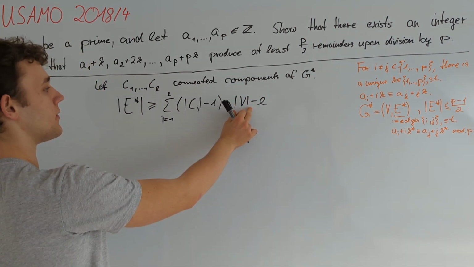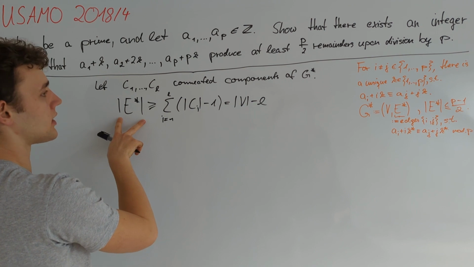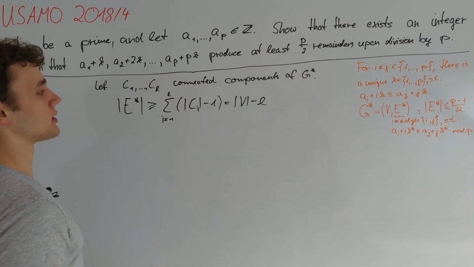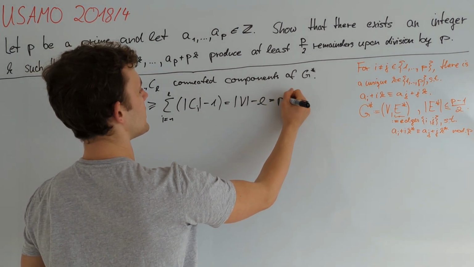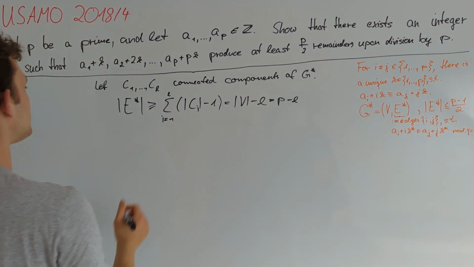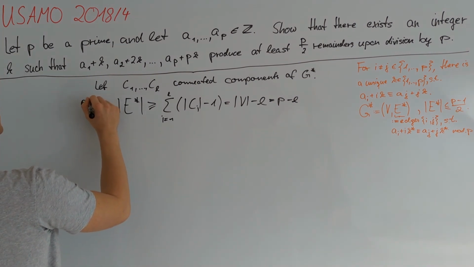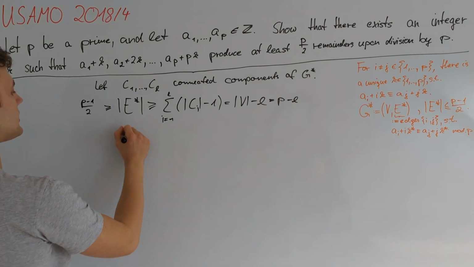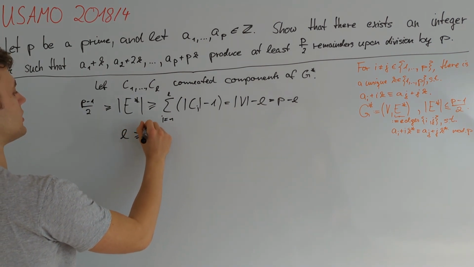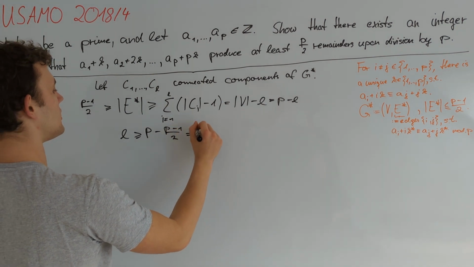We already know the value of the magnitude of V and can bound the magnitude of E star from above by (p minus 1) over 2. So let's write this down. Here we have p minus l, and all of this is less than or equal to (p minus 1) over 2. Rearranging for l yields l greater than or equal to p minus (p minus 1) over 2, or (p plus 1) over 2.